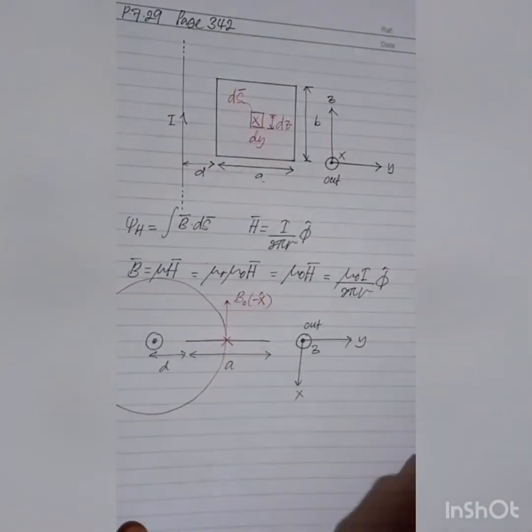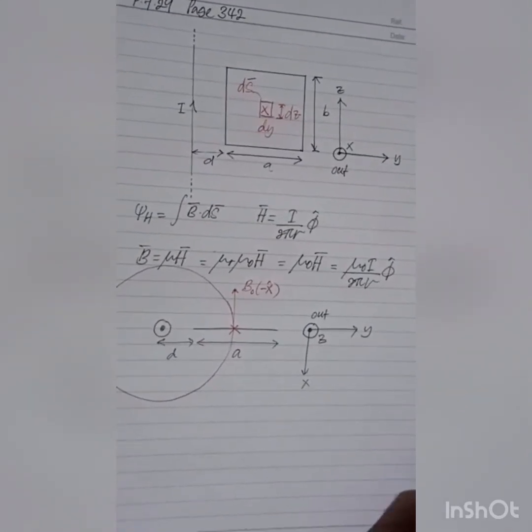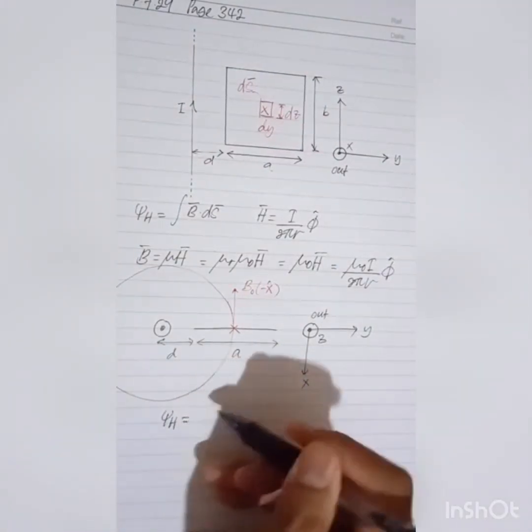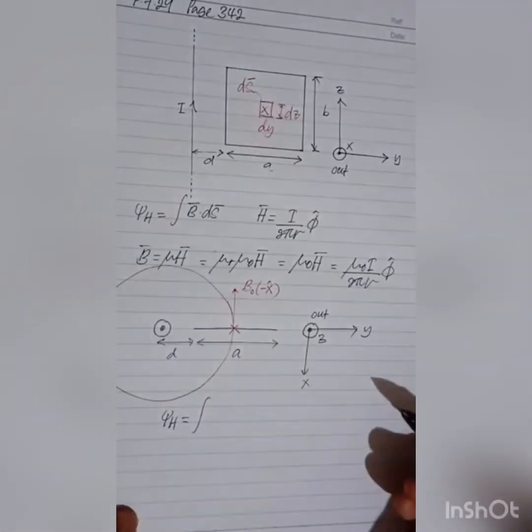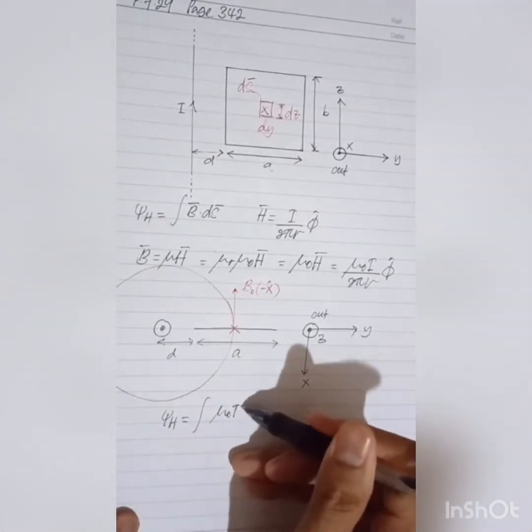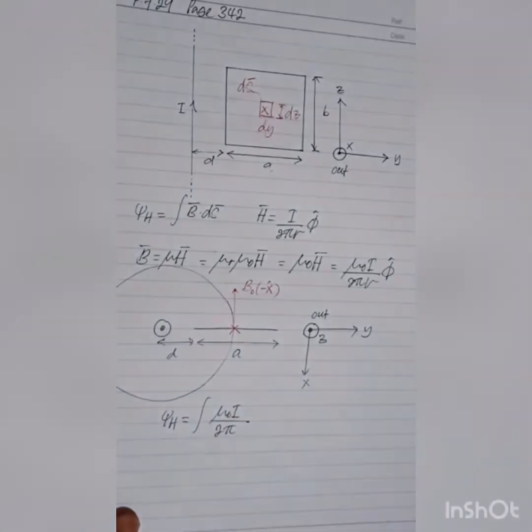Now let's put all this result into the formula to find the magnetic flux. The B is now mu naught I over 2 pi.